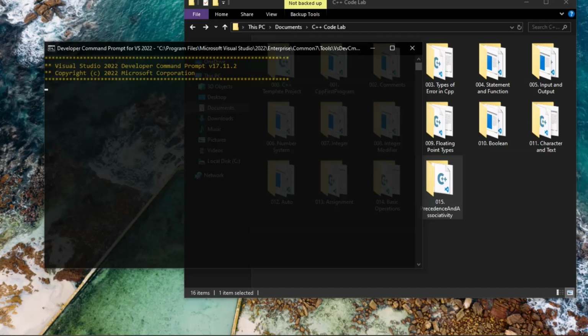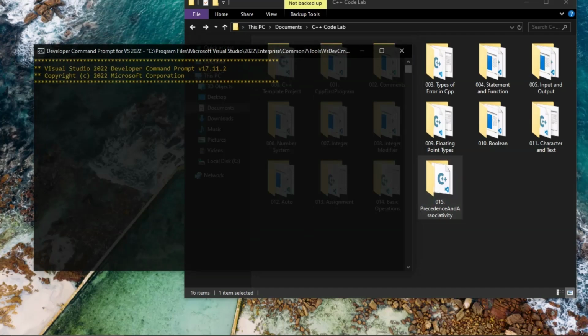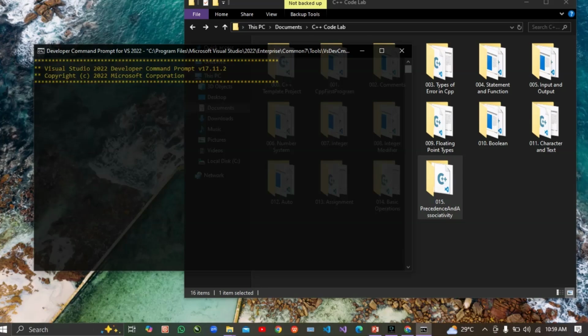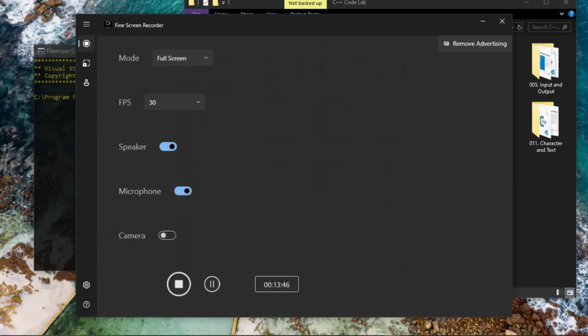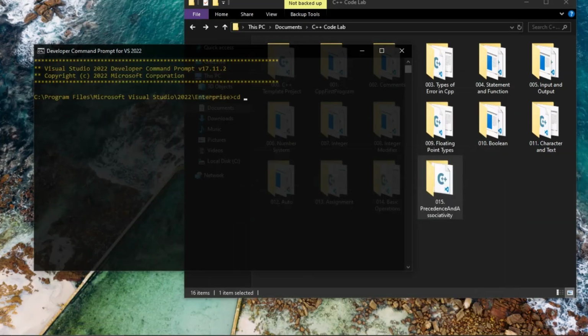So to navigate to the folder, we have to type cd, then we just drag and paste it there, and press enter.